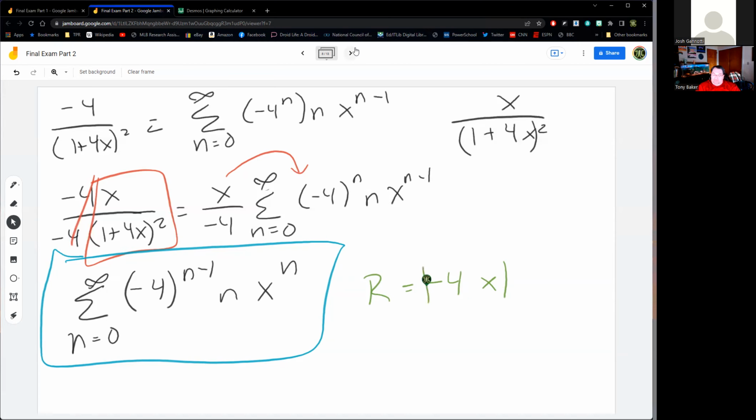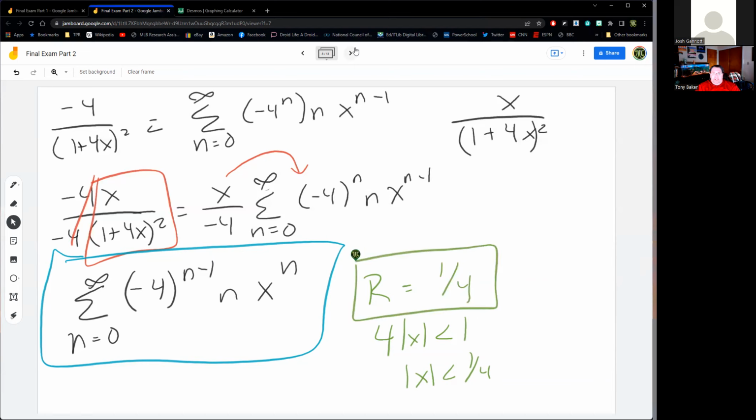So I've got the absolute value of negative 4x, so 4 times the absolute value of x has to be less than 1. So the absolute value of x has to be less than 1/4. So my radius is 1/4. You're always just going to take the number and then the x, because the n's are all going to end up canceling each other out when we're doing the ratio test anyway.